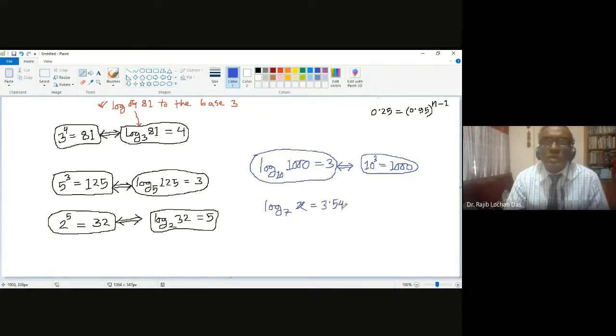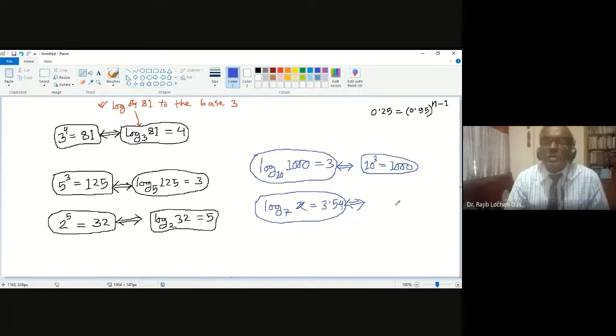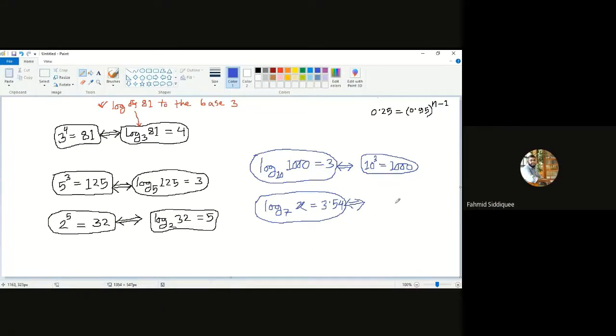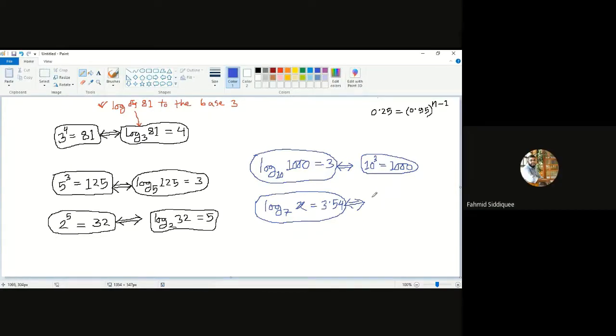What will you write for this? 3.54 to the power 7 equals x? Correct or not correct? Everyone, check this. Not correct, sir. So what is the correct expression?